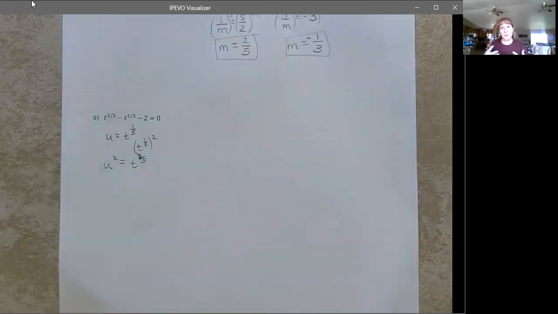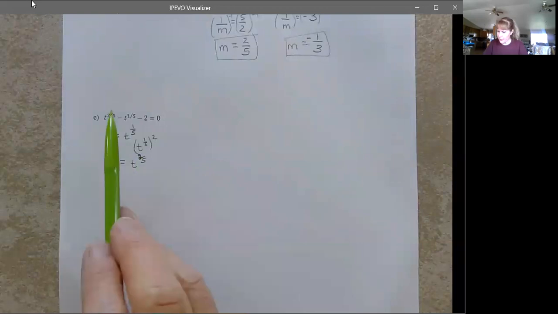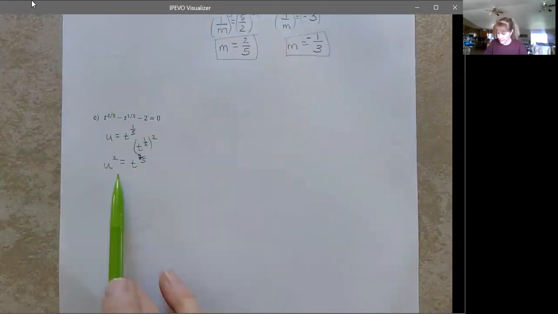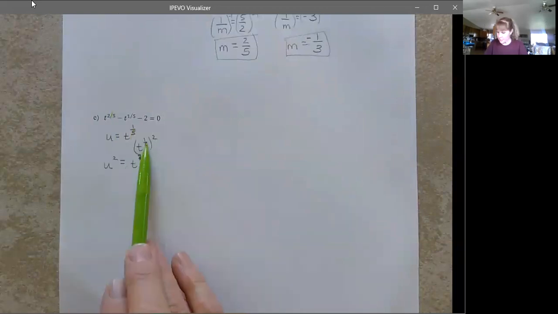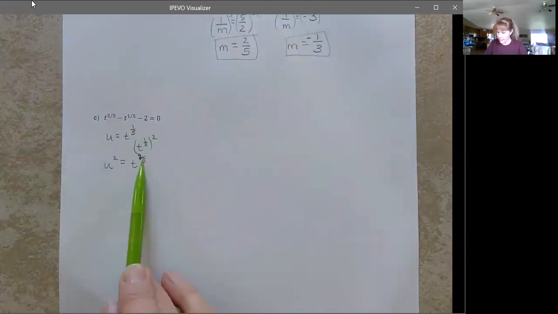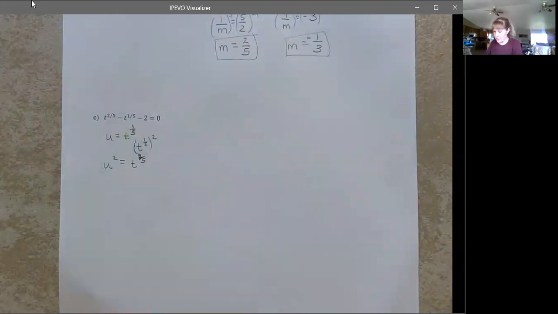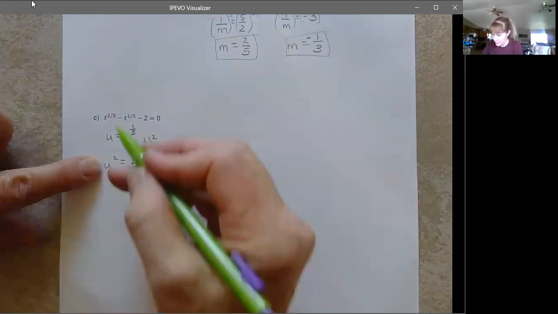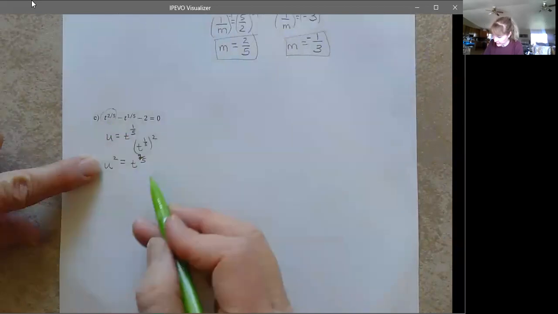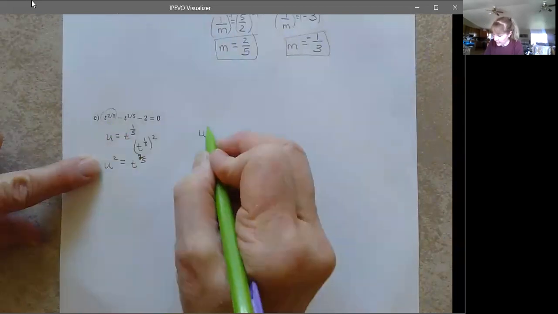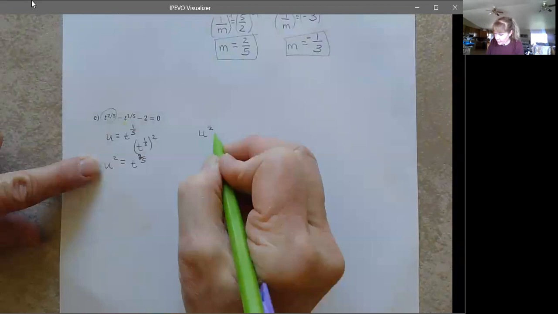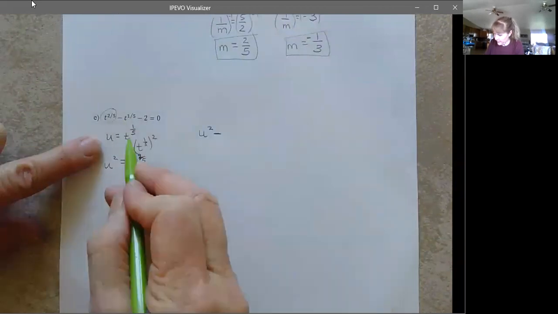So our substitution will work, because here you'll have your u squared, because when we square this, you multiply a power to a power, and then we'll have our u here. So when we do substitute in, we end up, this is u squared minus u, u is t to the 1/5.